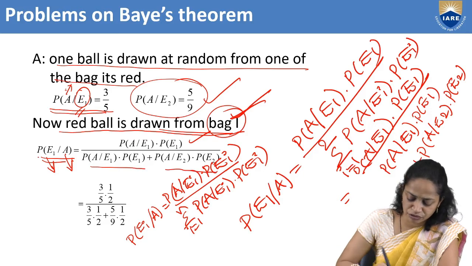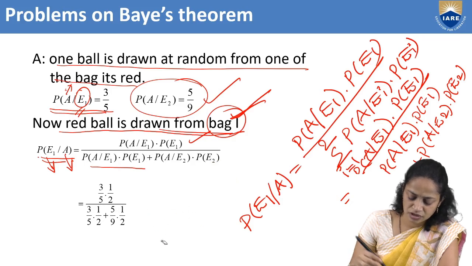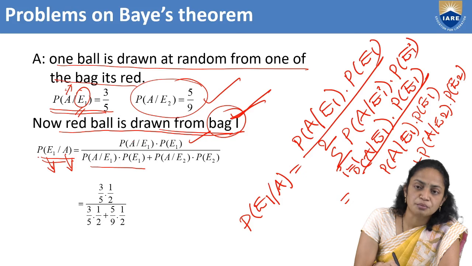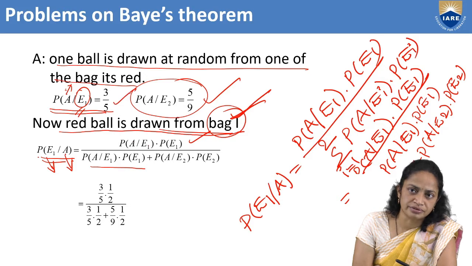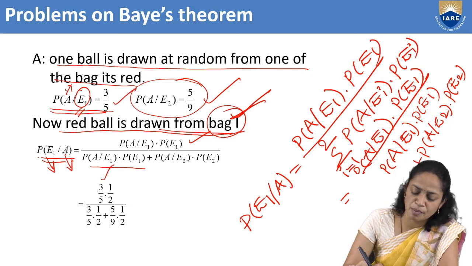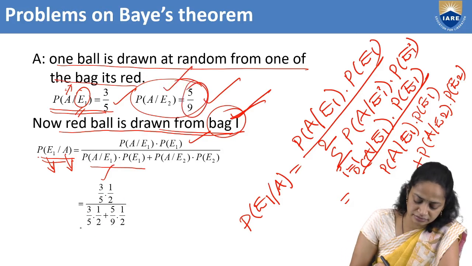Here we have to substitute all those values. What is probability of A given E1? It is 3 by 5. Already we have solved that. Probability of A given E2 is 5 by 9.